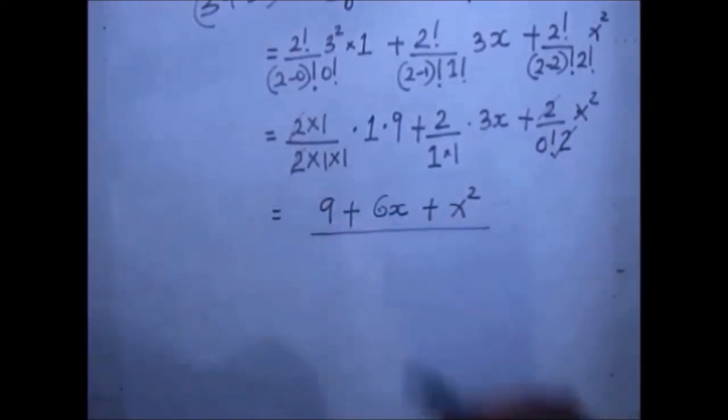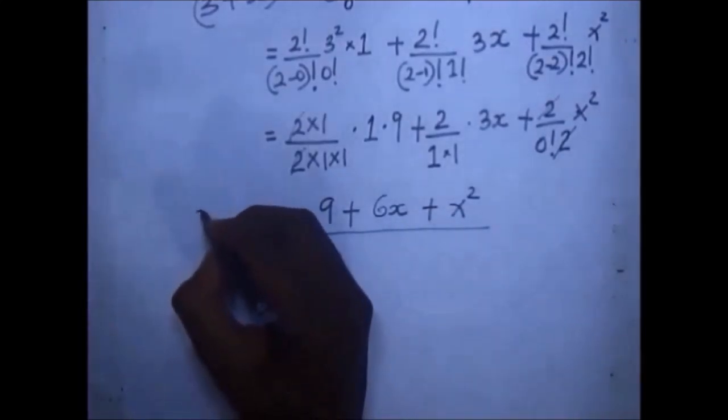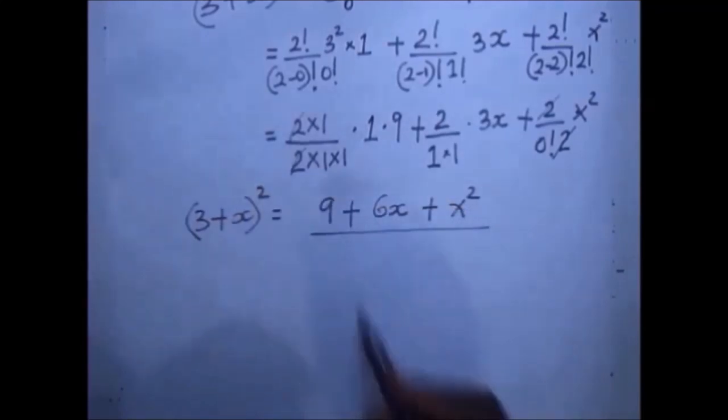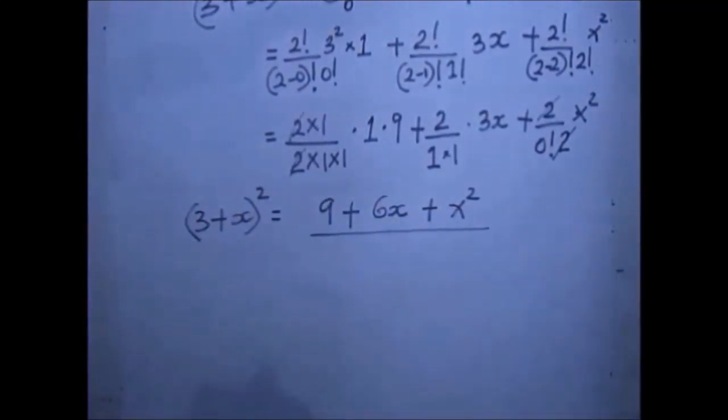So now this is the expansion for 3 plus x squared. It is 9 plus 6x plus x squared. We expanded that using the binomial expression.